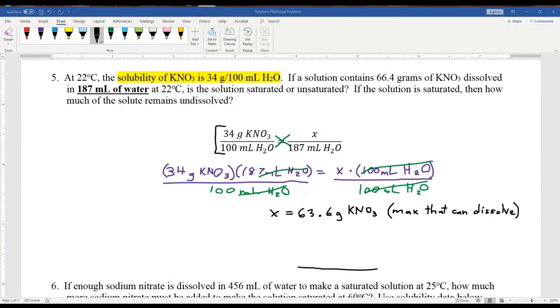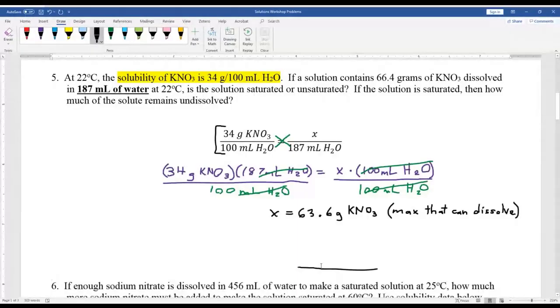Saturated. Absolutely, that is correct. Basically, the idea here is that the amount in the problem that it says we have added is this. We have this much added.